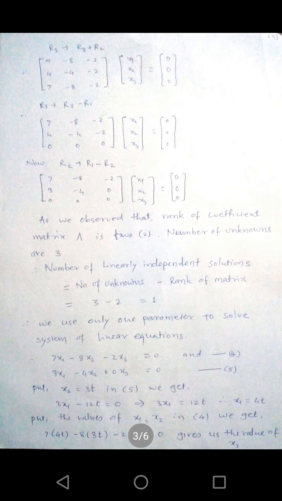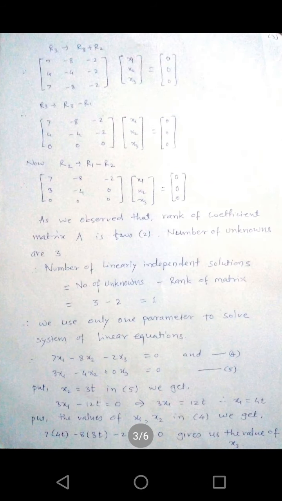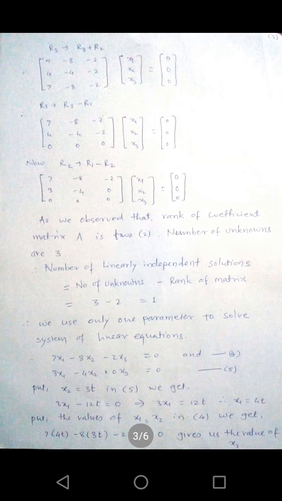R1 and R2 remain as they are, we have just changed R3 by R3 plus R2. So 4 plus 3 is 7, minus 4 minus 4 is minus 8, minus 2 plus 0 is minus 2. So we can write R3 as 7 minus 8 minus 2, x1 x2 x3.